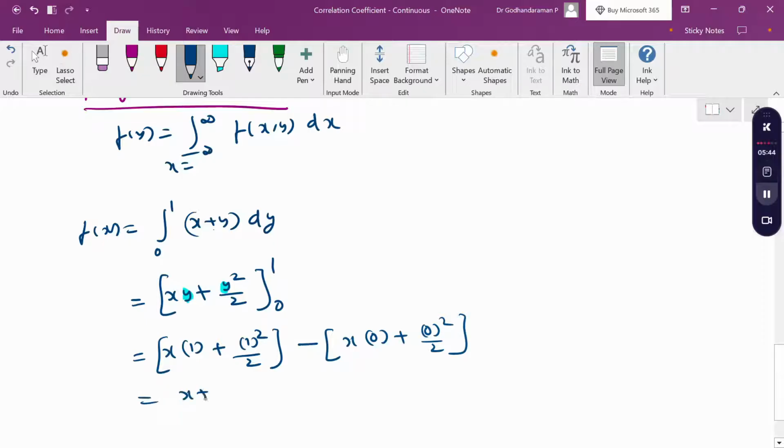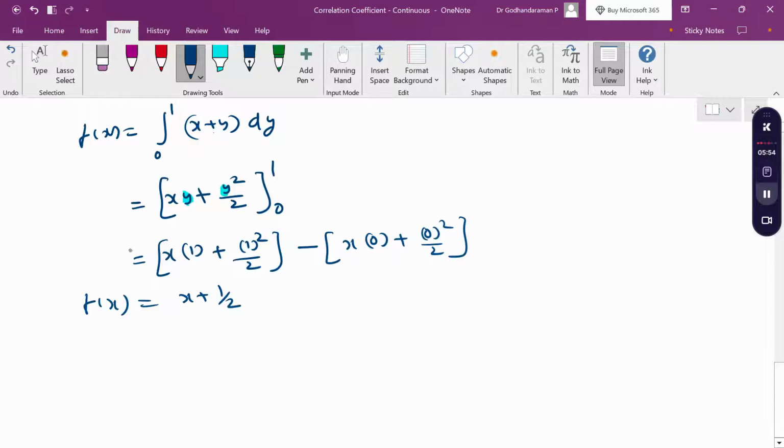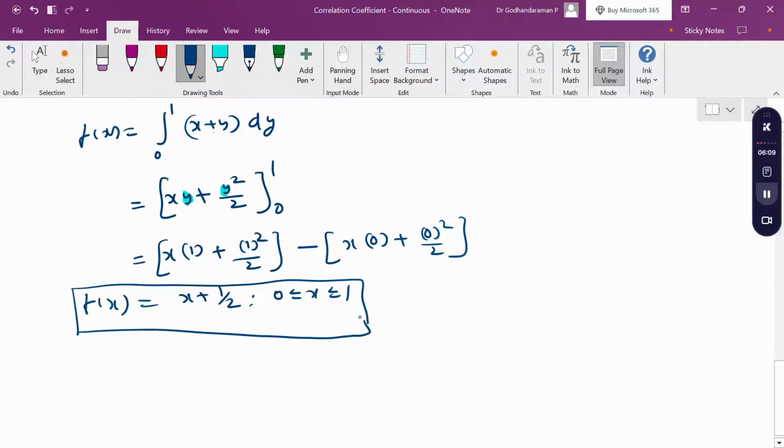Therefore x plus 1 by 2. This is the value of f of x, the marginal function of x. But don't stop here: since we found x plus 1 by 2, we must write the range, x from 0 to 1. So this is our marginal function of x.